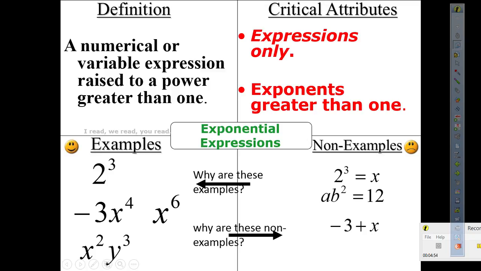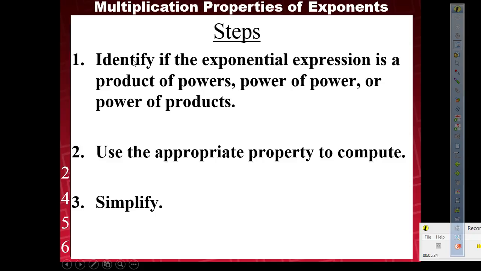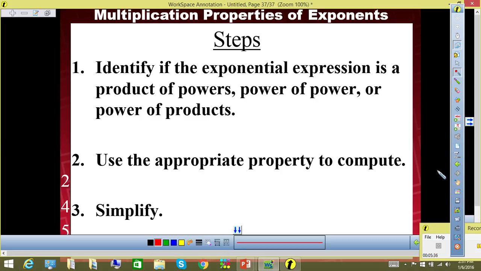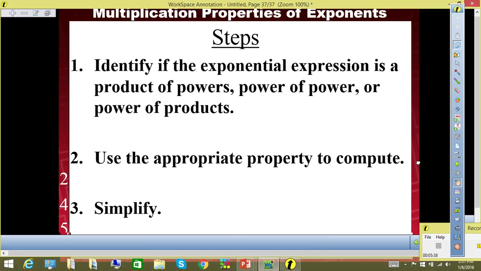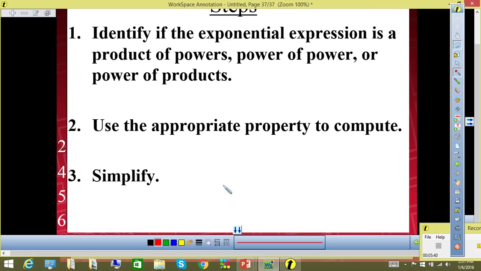Okay? So, we need steps. Here we go. Write these down. There's only 3 steps. For step 1, I only want you to write identify the exponential expression. Hold on. No, go ahead and write it out. I was trying to shorten the step.